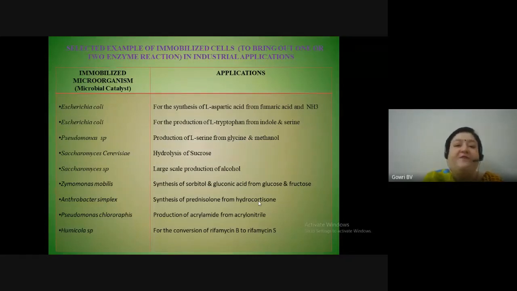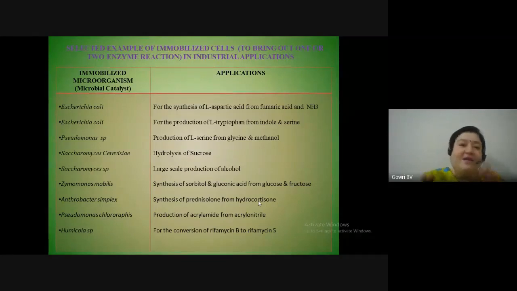Saccharomyces cerevisiae for hydrolysis of sucrose. Saccharomyces species for the large-scale production of alcohol. Zymomonas mobilis for the synthesis of sorbitol and gluconic acid from glucose and fructose. Arthrobacter simplex for the synthesis of prednisolone from hydrocortisone. Pseudomonas chlororaphis for the production of acrylamide from acrylonitrile, and Humicola species for the conversion of rifamycin B to rifamycin.